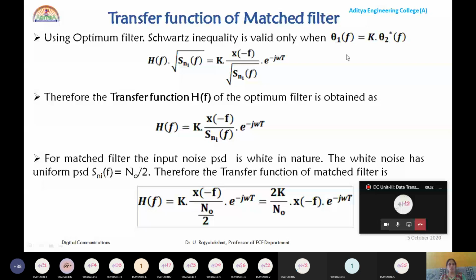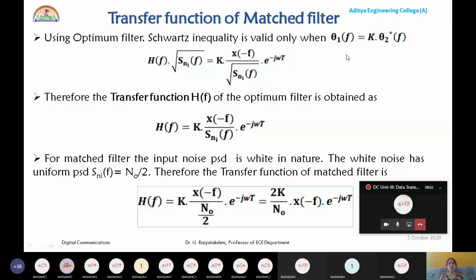What is the basic difference between the optimum filter and the matched filter? In the case of matched filter, the input noise power distribution is always uniform. Then we can say that the corresponding noise is called white noise. For matched filter, the input noise power spectral density is white in nature.